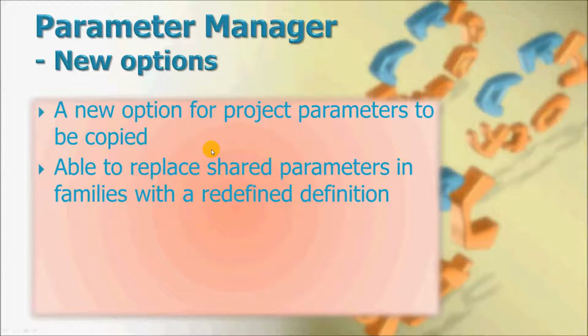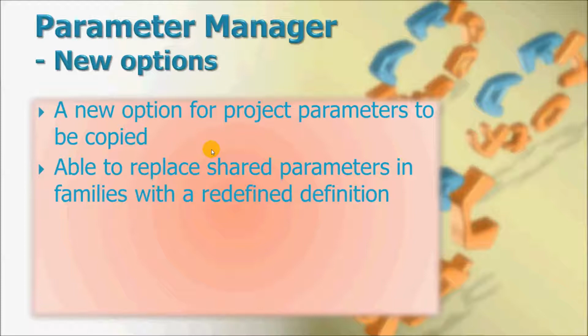Now, you may be aware of the option within Head of the Family to replace shared parameters with a new definition. So with Parameter Manager, there's a new option to replace a shared parameter of the same name. Say you've got two parameters named model number, but using different GUIDs.